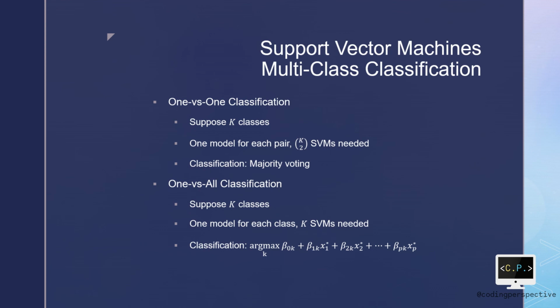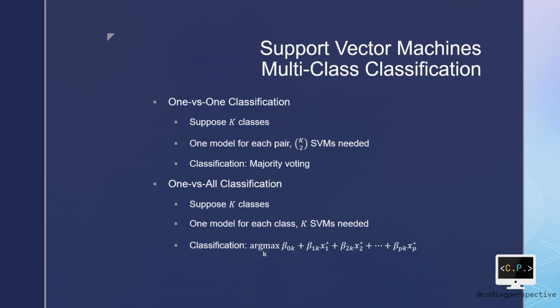The second way is called one versus all classification. This method aims to train a model for each class. This results in K different models, each specialized in classifying the related class. Each time a model compares one of K classes against the other K-1 classes.